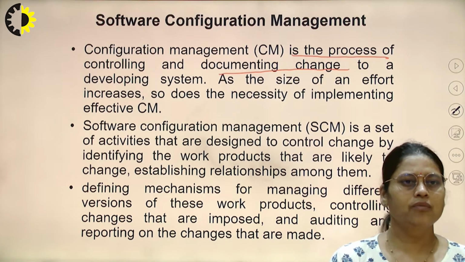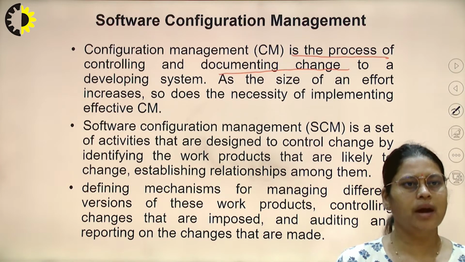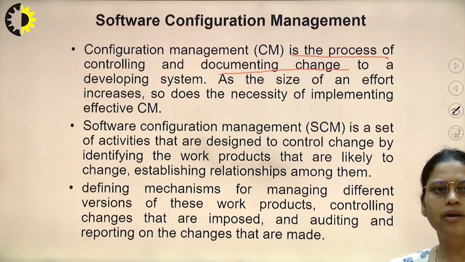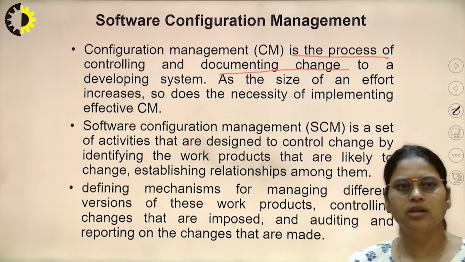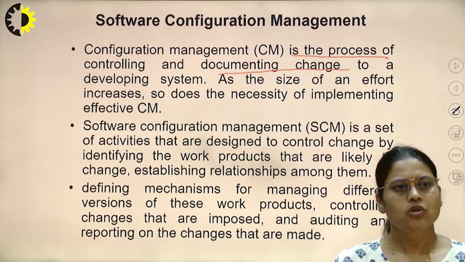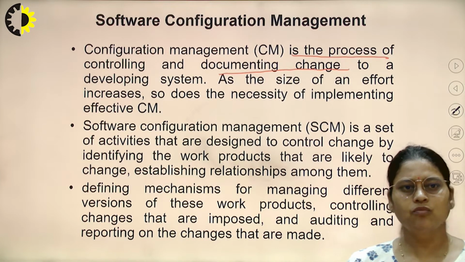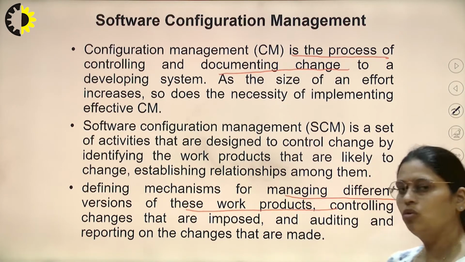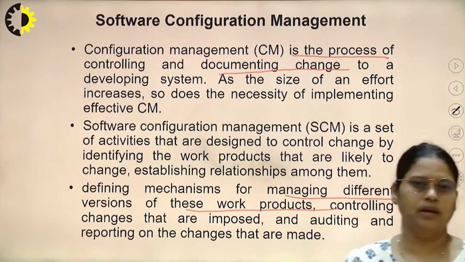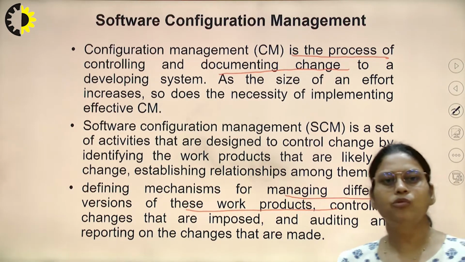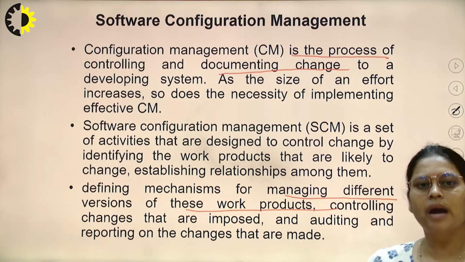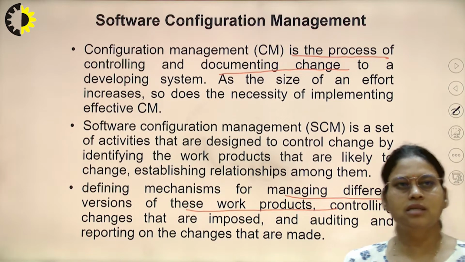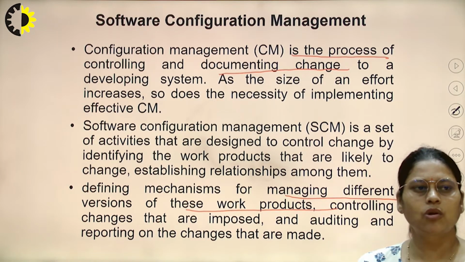Software configuration management is a set of activities designed to control change by identifying the work products that are likely to change and establishing relationships among them. It defines a mechanism for managing different versions of these work products. Once we upgrade our software, we have to create a number of versions, and we have to manage or control all these versions during the software configuration management process.